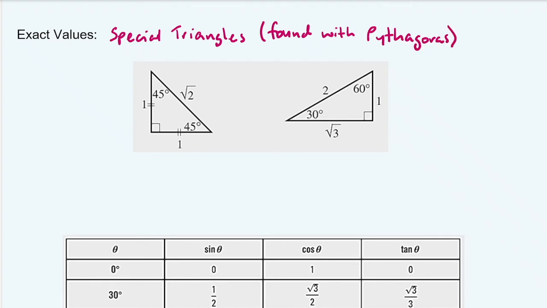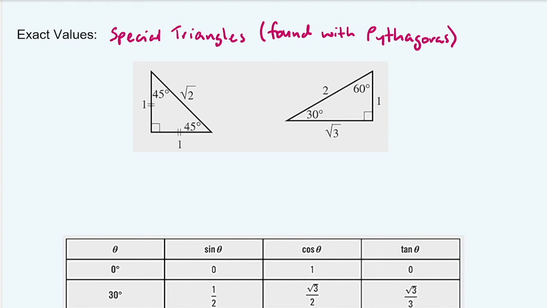What we're saying is that if we have sides of 1, so both sides of 1, we've got angles of 45, hypotenuse is going to be the square root of 2. If we have a side of 1 and a hypotenuse of 2, we've got our 30, 60 angles. The other side is going to be the square root of 3. So all of that can be found using Pythagoras.